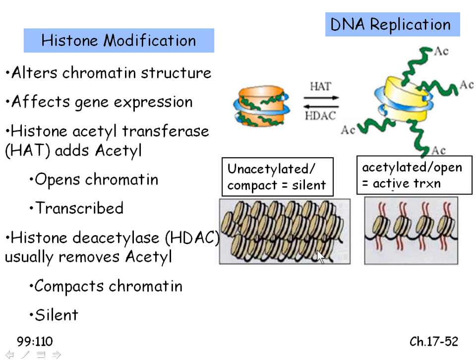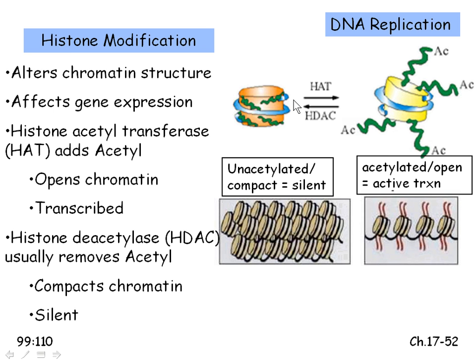This modification, as I said, alters chromatin structure, and the gene expression can be altered specifically by histone acetyltransferases. These are proteins that add acetyl groups onto the lysines. As acetyl groups are added on, it basically opens the chromatin, makes it more loose, more available for proteins to interact. So transcription can actually occur.